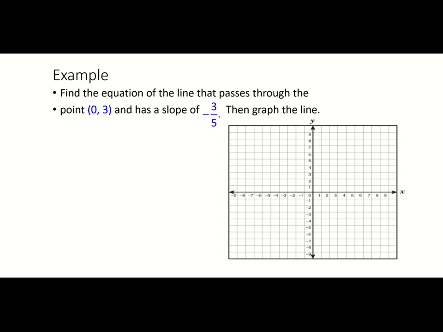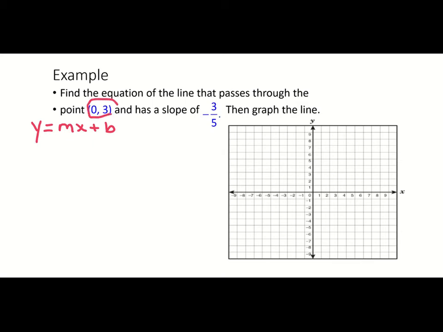All right, so here, what they want us to do is find the equation of the line that passes through the point 0, 3 and has a slope of -3/5. Then they want us to graph the line. So we can start out here with our slope-intercept form. y equals mx plus b. All right, I have the point 0, 3.